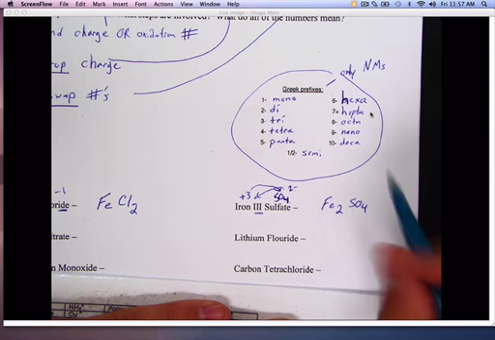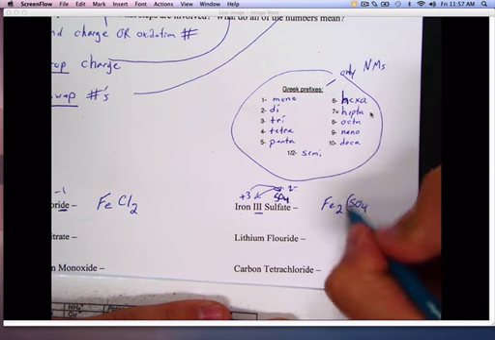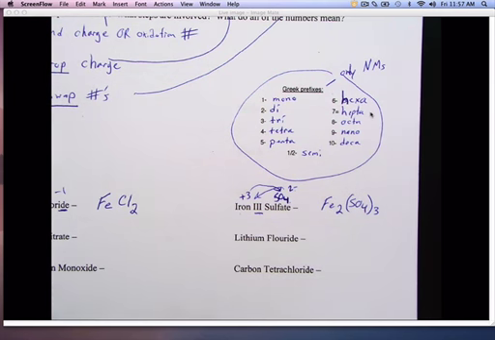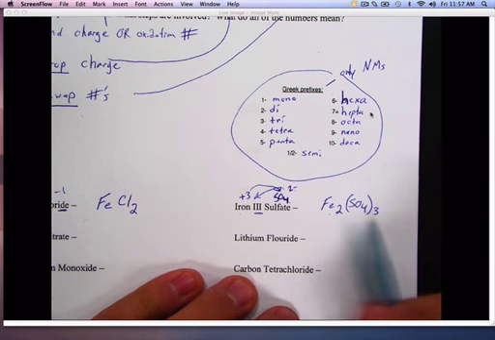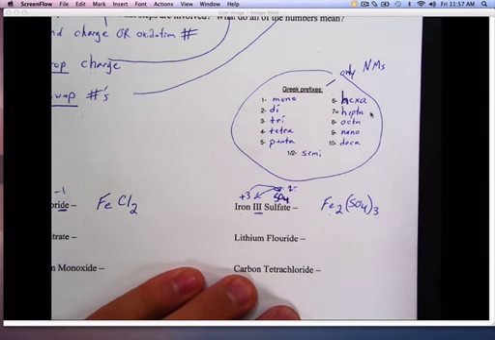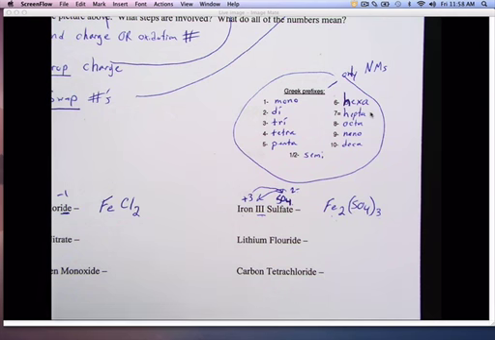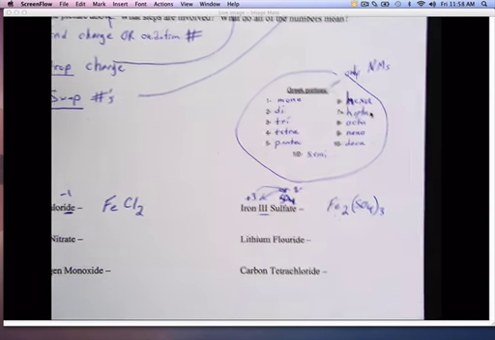And because I have 3 SO4s, I go like that. It distributes. All right, so what this is saying is that I have 2 irons, and I have 3 sulfate ions, or you could look at it like this, 3 sulfurs and 12 oxygens because you multiply. It's like distributing in math. All right, so don't get confused when you have a sulfate there.